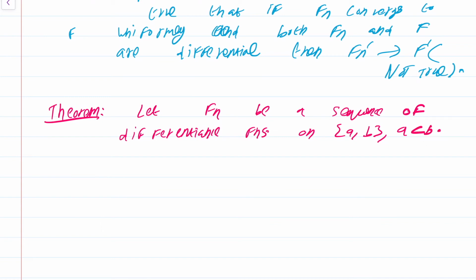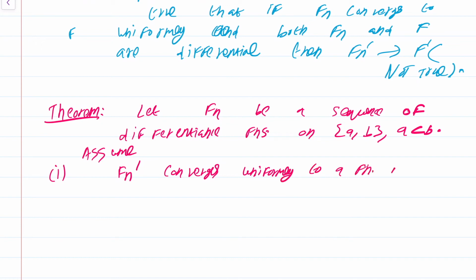Now, the hypothesis that I'm about to write is really weird. Assume number one, not that the f_n's converge uniformly to f. Assume that f_n prime converges uniformly to a function f.